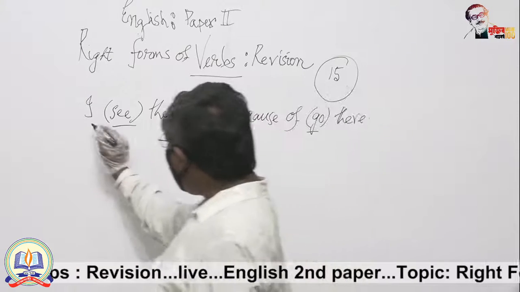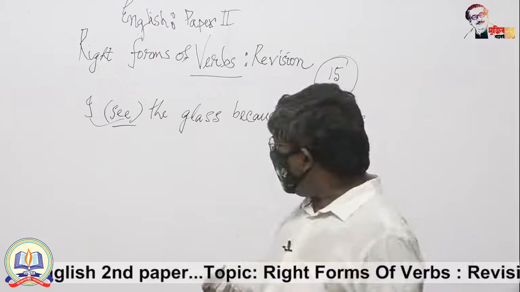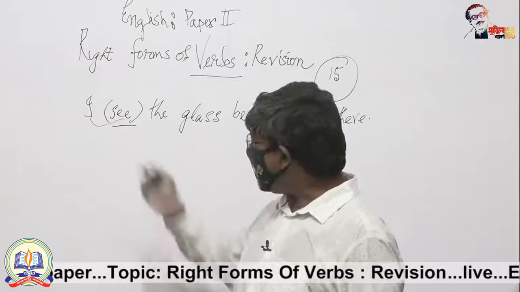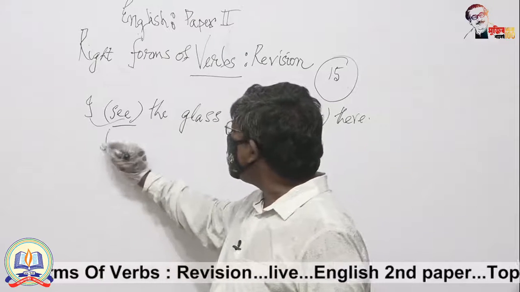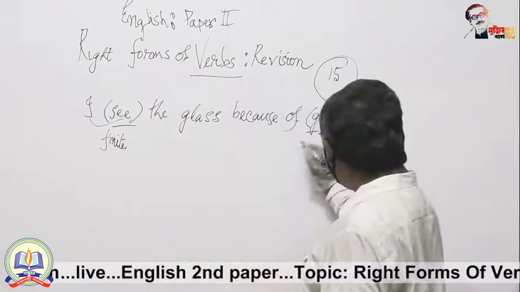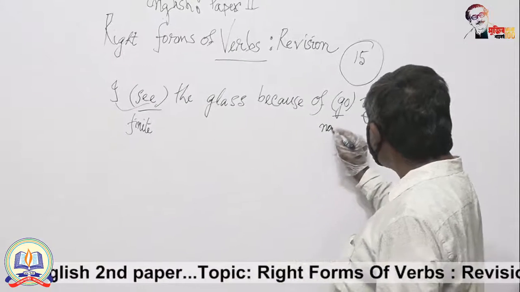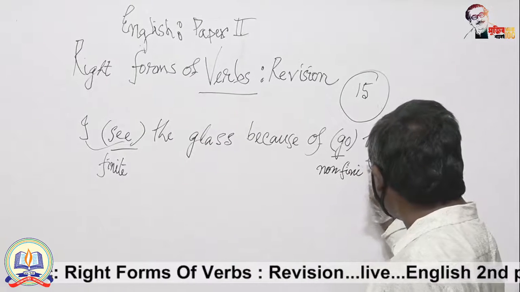We have I as the subject of the verb see. Therefore, see should be the finite verb and go should be expressed in either of the non-finite forms.